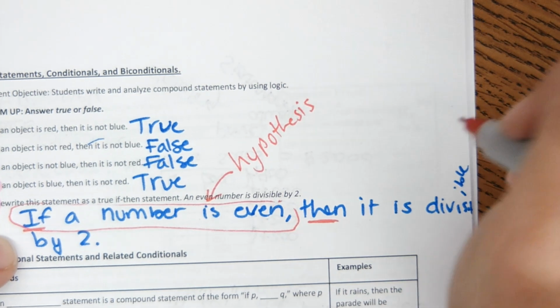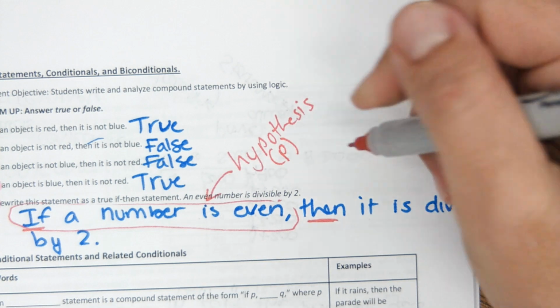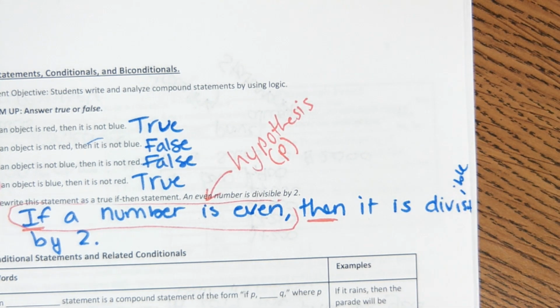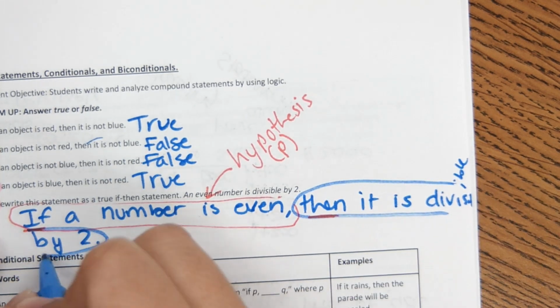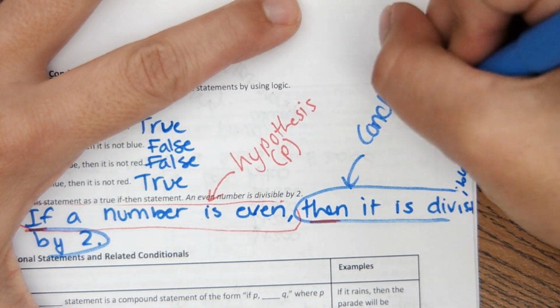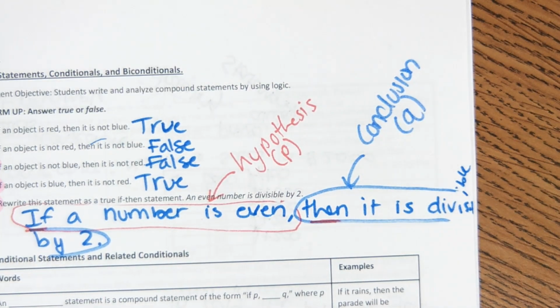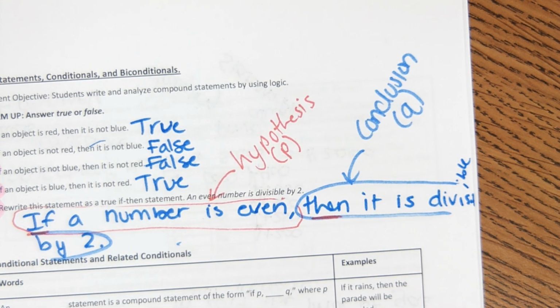The abbreviation for hypothesis is P. I don't know why they use P. I don't know if it's a Latin word or something that starts with P, but hypothesis is P. And then the second part is called the conclusion, and the conclusion is Q. Don't ask me why. So we have the first part, hypothesis, then its conclusion. We took this statement and made it more cause and effect. If a number is even, then it's divisible by 2.